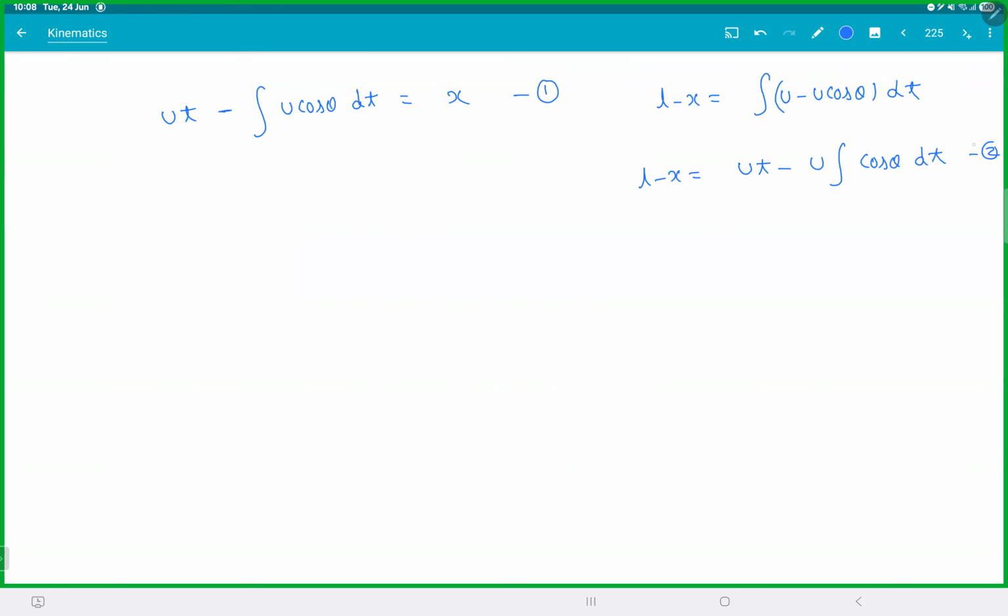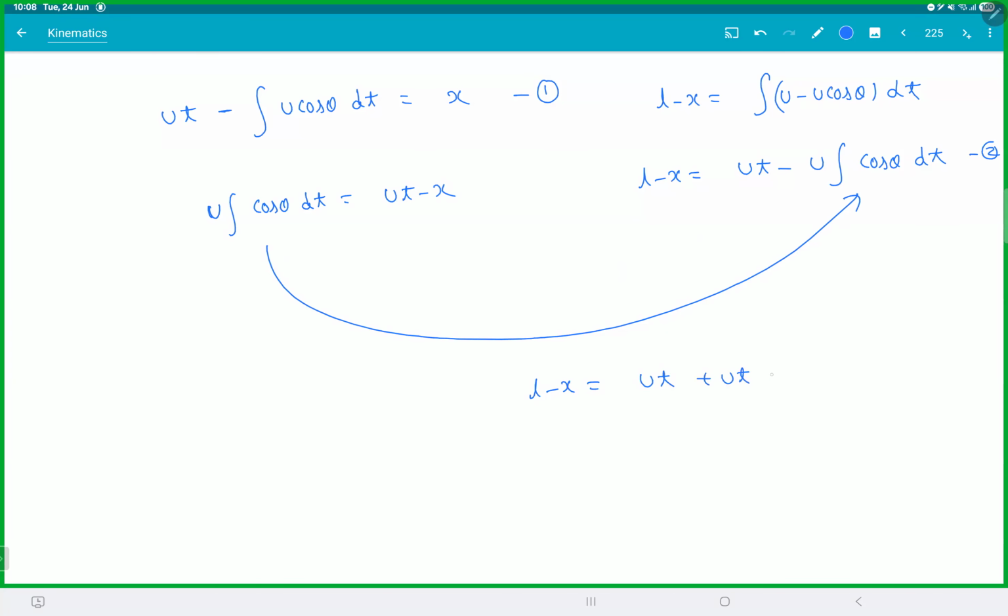This is your second equation. This will be u integral cos theta dt will be ut minus x. So take this and substitute here. We get L minus x is ut minus ut plus x. L minus x, ut cancels, we get x. x is equal to L by 2. There.